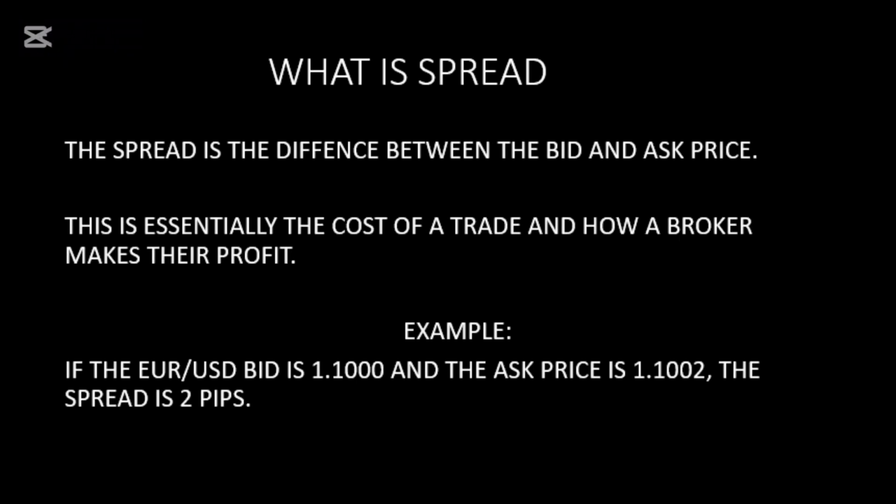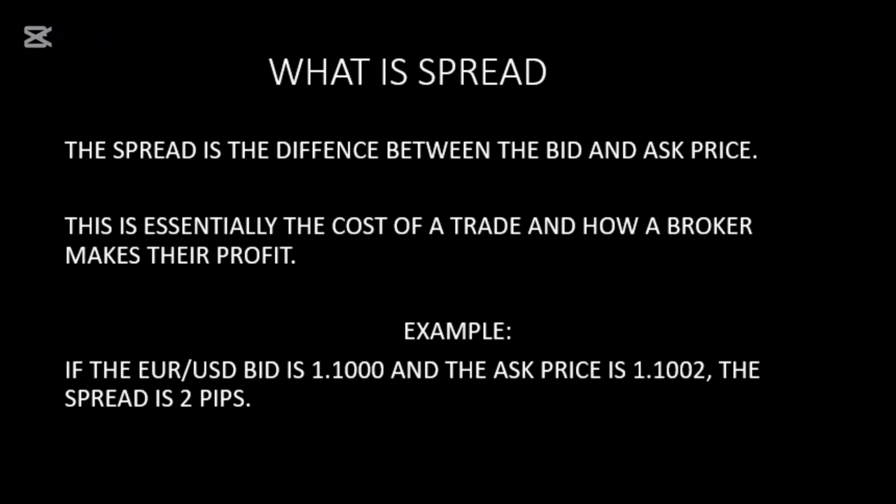Now we have the spread. The spread is the difference between the bid and the ask price. This is essentially the cost of a trade and how a broker makes their profit. You might be asking, how do these brokerage companies make their profits? How do they profit off the market? They profit off spreads.